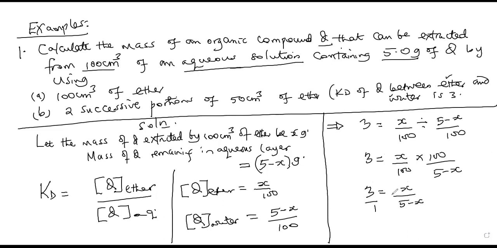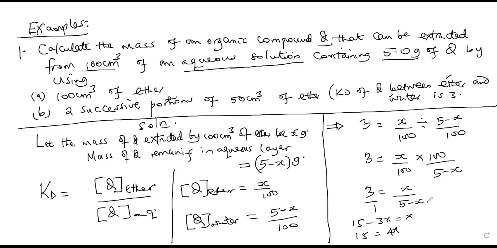So by cross multiplying, it will be 3 times 5, which is 15, minus 3X equals X. When you bring X this side, it will be 15 equaling 4X.